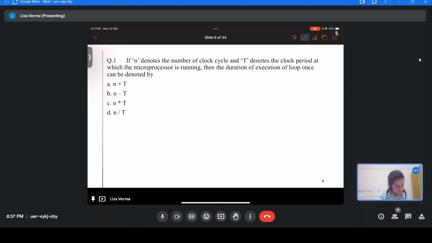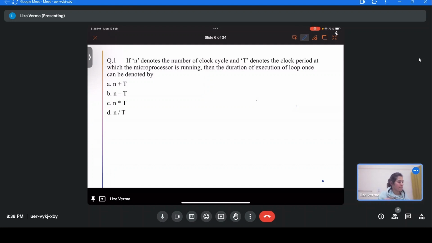So, if n denotes the number of clock cycles and t denotes the clock period, what is the duration of execution of the loop once? What will be the time taken by the instructions?